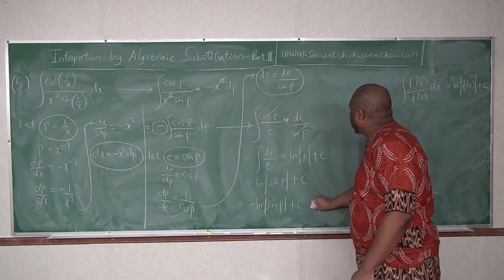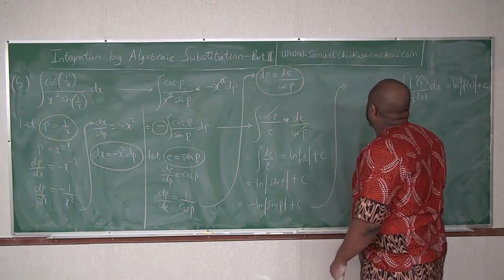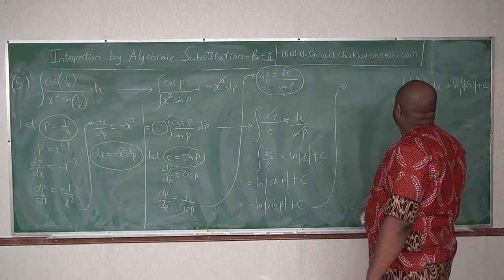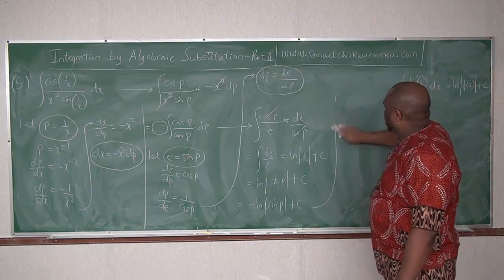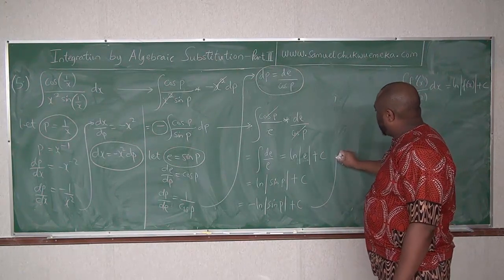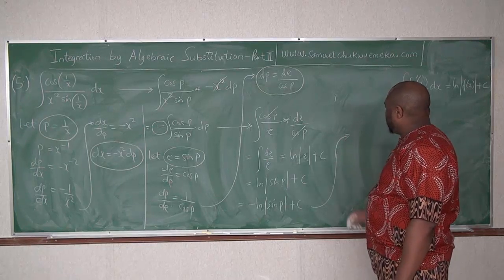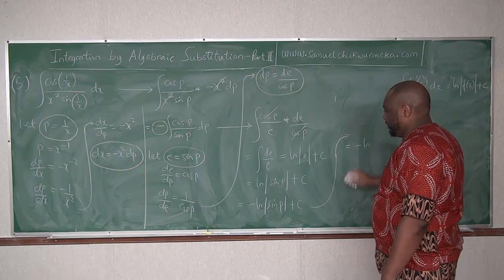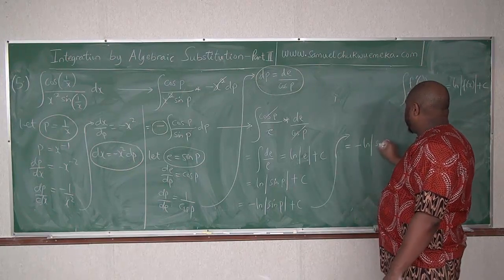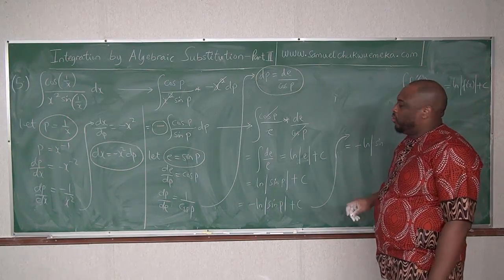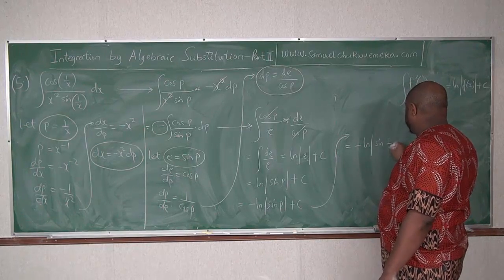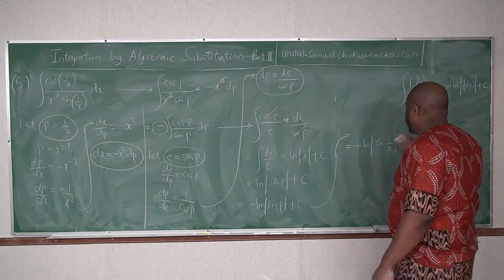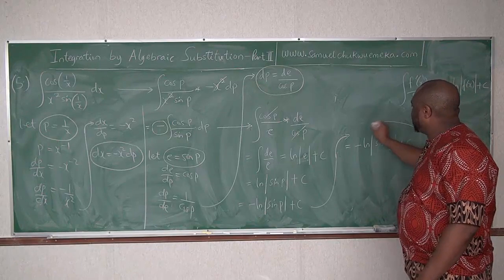So the final answer will now be equal to negative ln absolute value of sine 1 over x plus C. That's the answer.